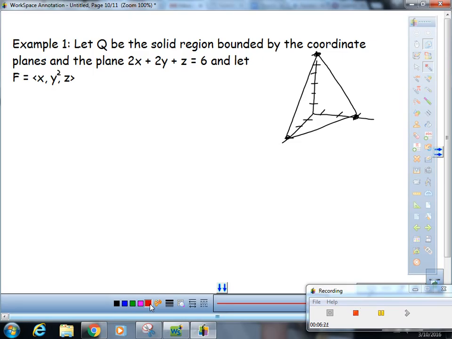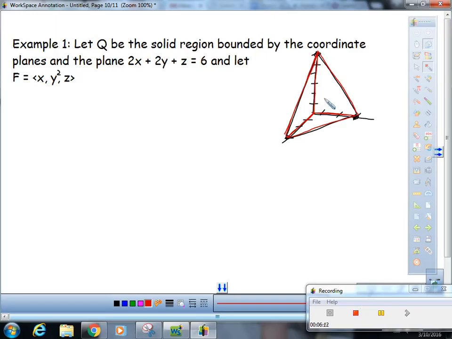It's important to understand that thing is now a solid. It's not just the sail, the triangular sail here in the front. We have already calculated the flux of that sail. What we are calculating is the flux of this solid.